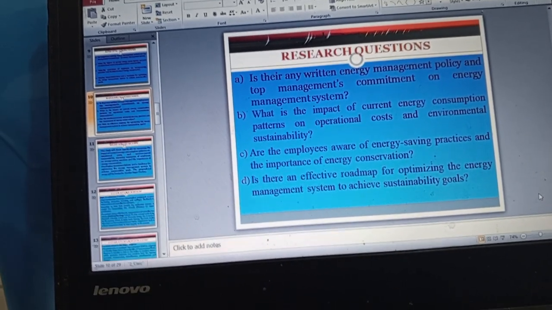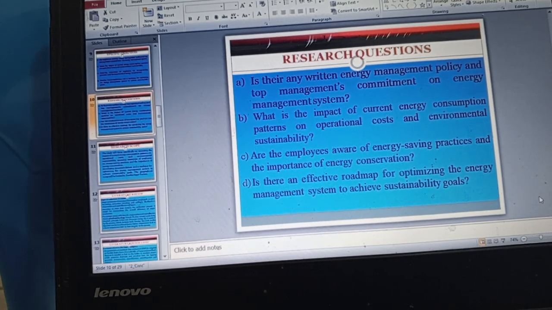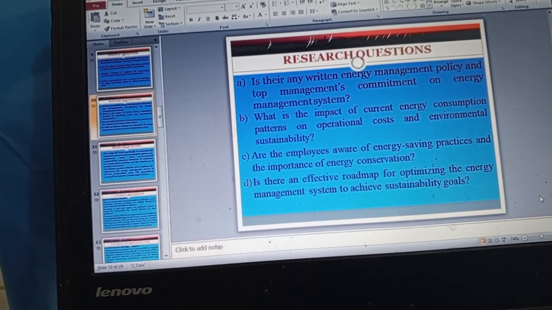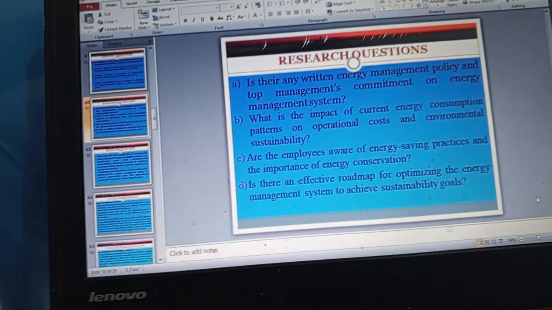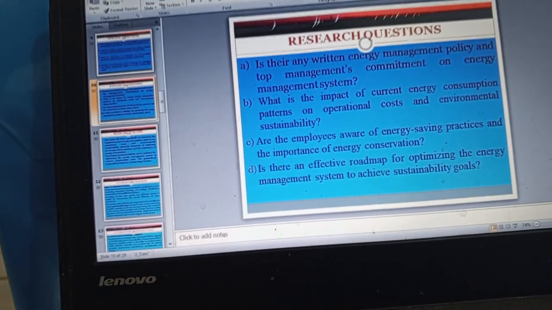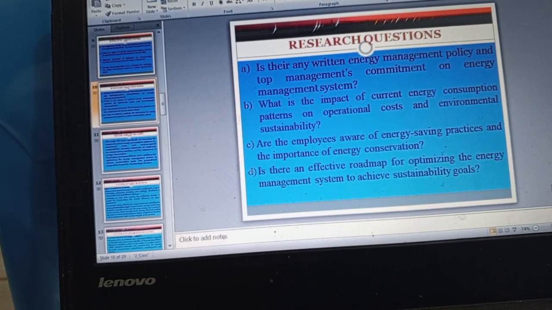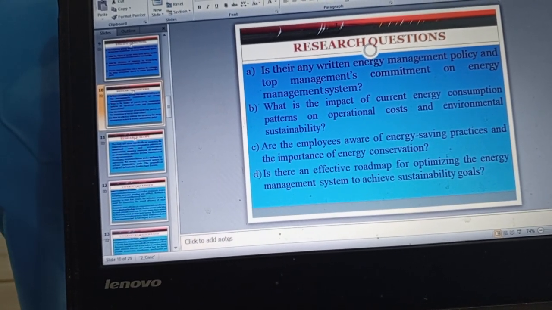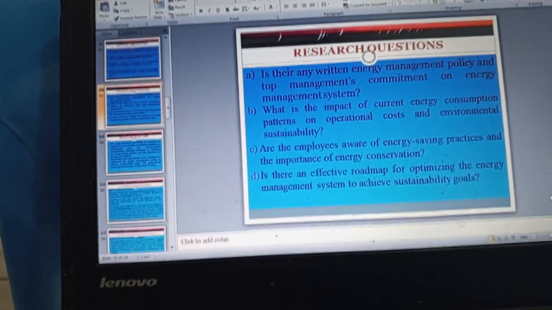The other one is: are the employees aware of energy saving practices and the importance of energy conservation? The last one, but not the least, is: is there an effective roadmap for optimizing the energy management system to achieve sustainability goals?